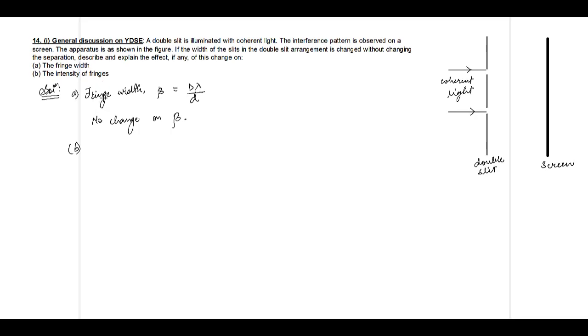But that is not the only effect. Intensity will increase, but with that there will be some overlapping of the fringes as well. So overlapping increases, and the clear demarcations between two fringes will cease to exist.